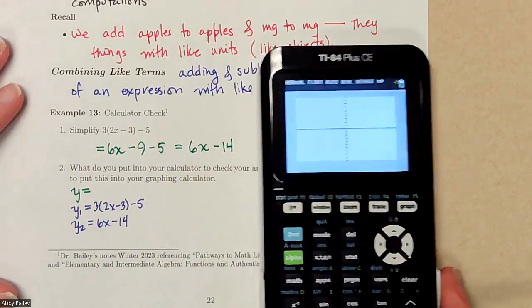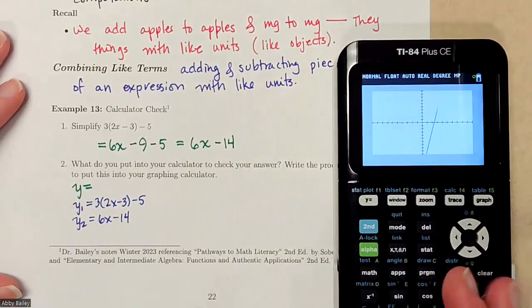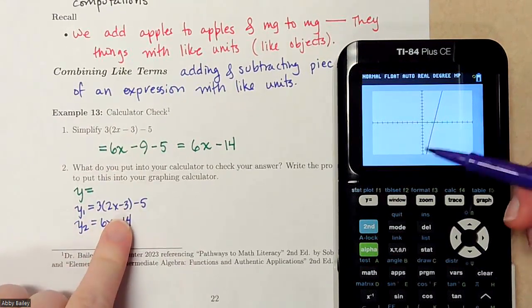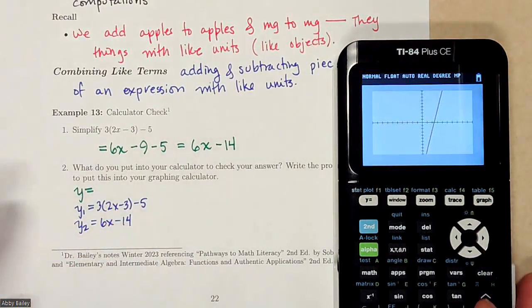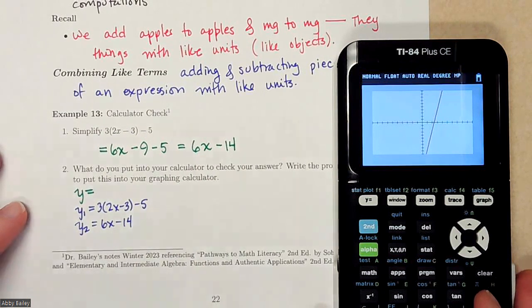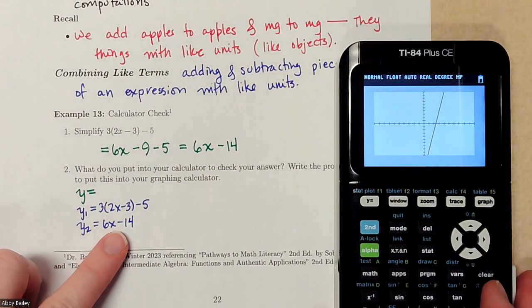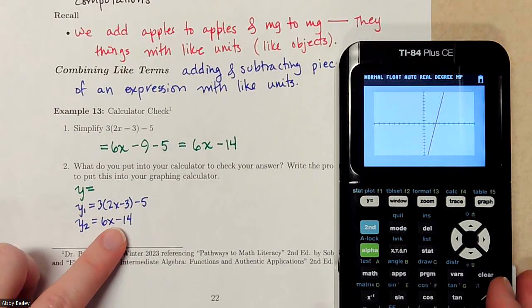I like to start with standard and see if I can see the graph. If I can, I'm great. There is the first equation. I don't know if you saw it happen, but the second equation, which was in red, lined up on top of it, perfectly matching it.